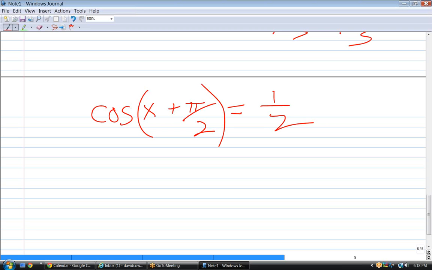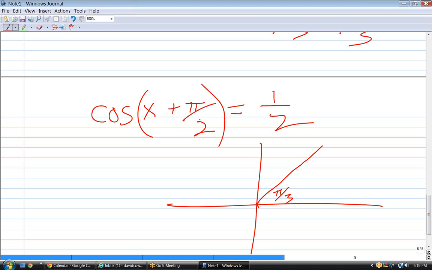First of all, let's think about this a little differently. Let's think about the unit circle, and that is the angle where the cosine is equal to 1/2, right? Pi over 3. Okay. Well, why isn't pi over 3 the answer?